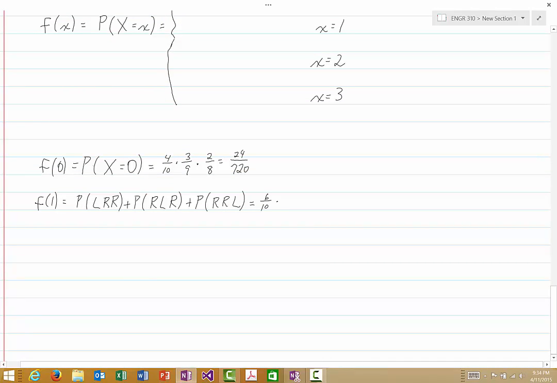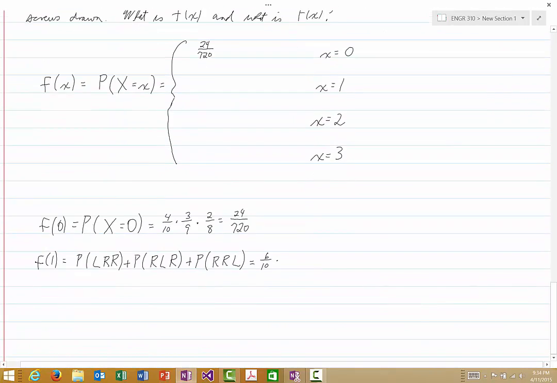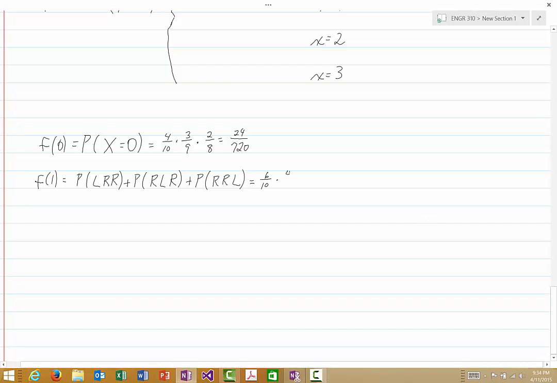And then the probability that the second one would be right-handed, given that the first one is left-handed, would be 4 out of 9. And then another right-handed would be 3 out of 8. Now the probability of right, left, right, well, the probability that the first one is right is 4 out of 10.